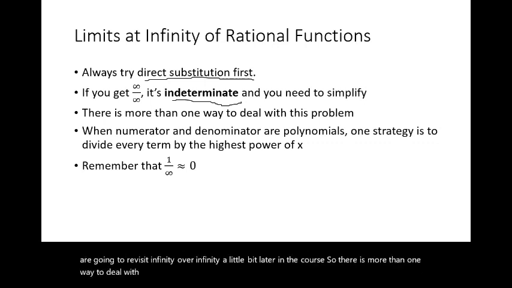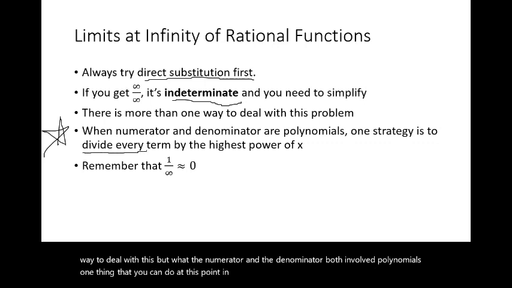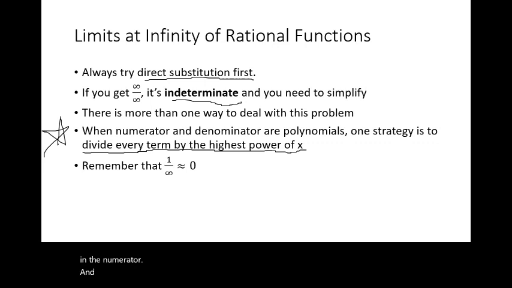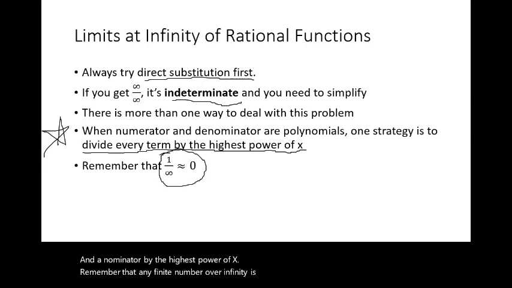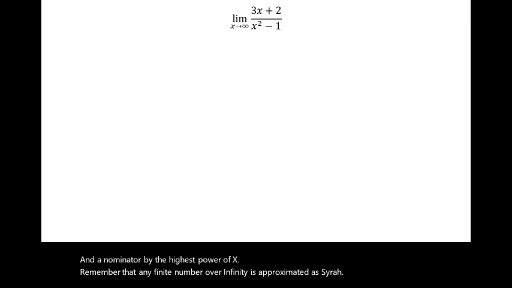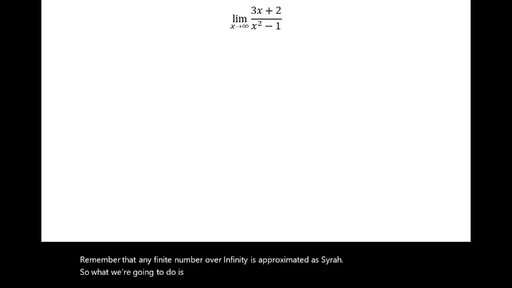But when the numerator and the denominator both involve polynomials, one thing that you can do at this point in the course is to divide every single term in the numerator and denominator by the highest power of x. Remember that any finite number over infinity is approximated as 0. So what we're going to do is we are going to find this limit here.